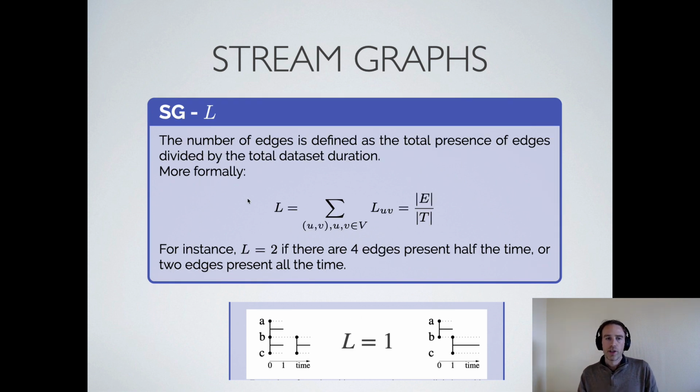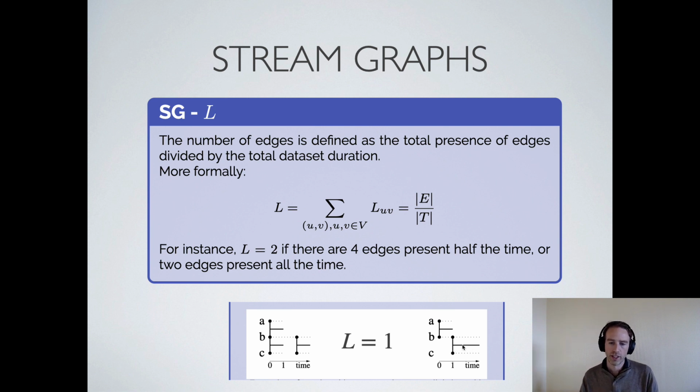We can do the same thing with edges, and again, very simple. We just compute the sum of what we have defined as the presence time of edges. If we take these networks on the bottom, you see that the value is 1, which is very simple to see on the right, because there is one edge that exists from 0 to 1, and one edge that exists from 1 to 3.